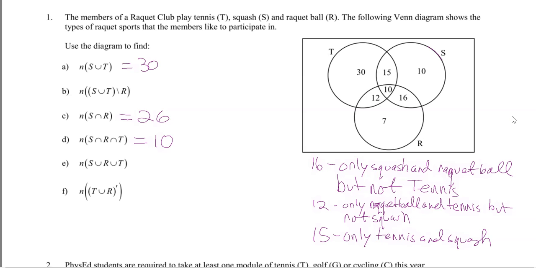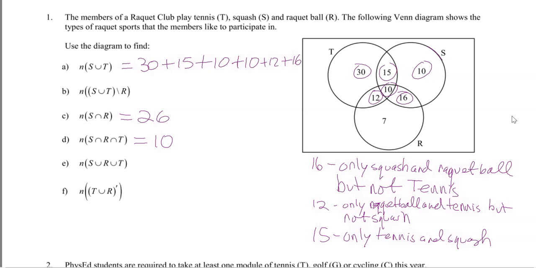So we've got 30 in tennis plus 15 plus 10 plus another 10 plus 12 plus 16. So this, this, this, this, this, and this. So it's in the tennis circle, 30, 15, 10, 12, or squash, 10, 16.